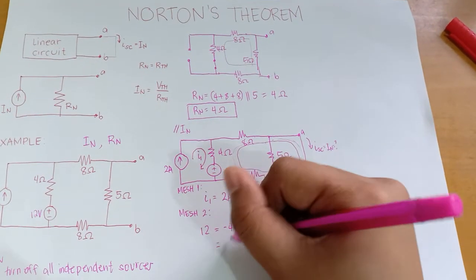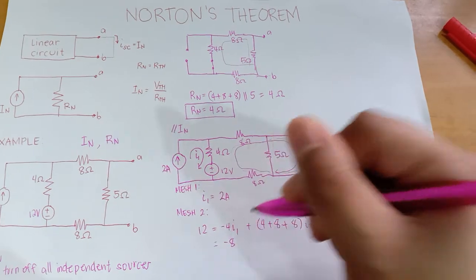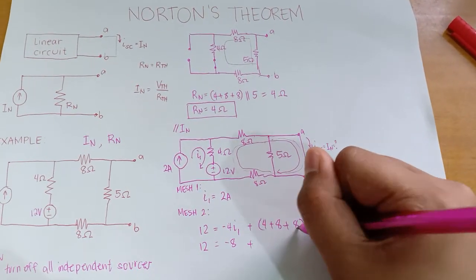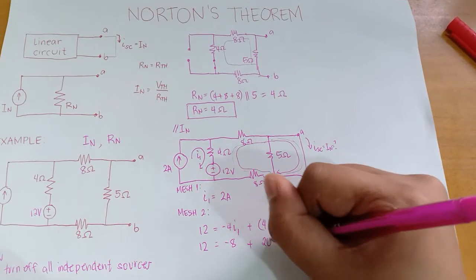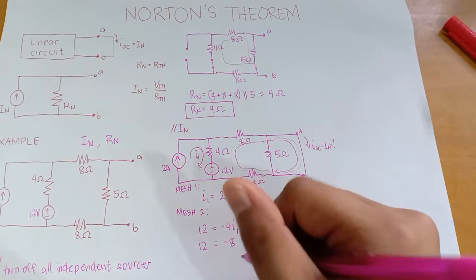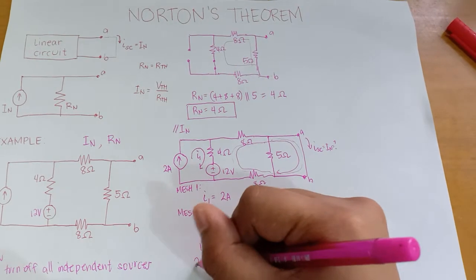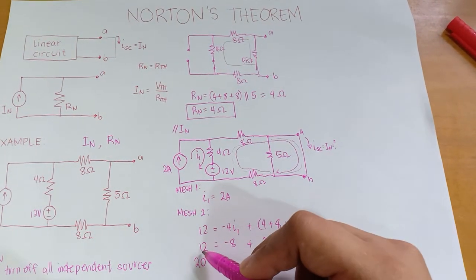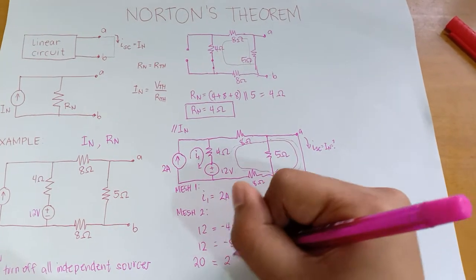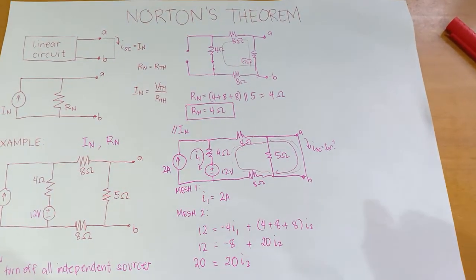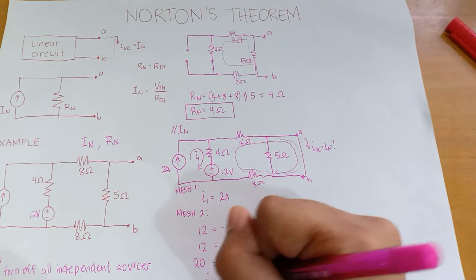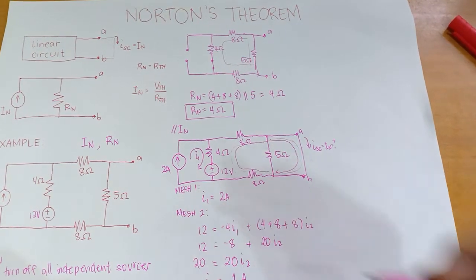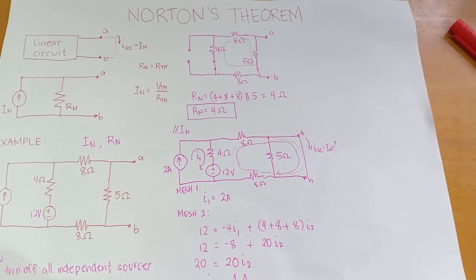So, ito, negative 4 times 2, negative 8, 12. 8 plus 8, 16 plus 4, 20. I2. So, next, transpose natin sa kabila. We have 20. Ito, tinranspose ko dito. So, 12 plus 8, 20. To 20, I2. So, I2 ay equal sa 1 amp. Diba? 20 divided by 20.